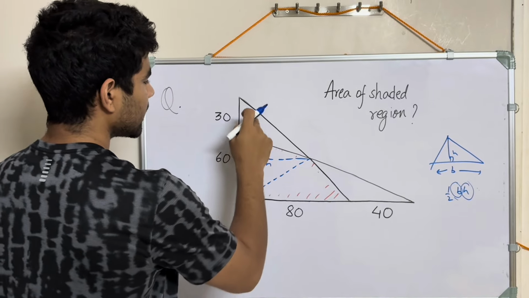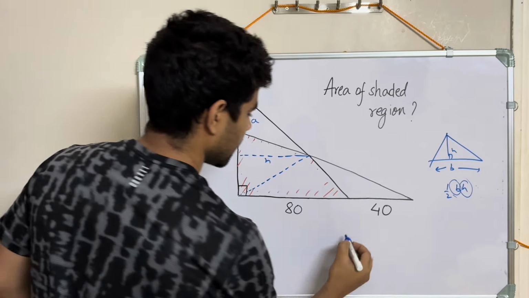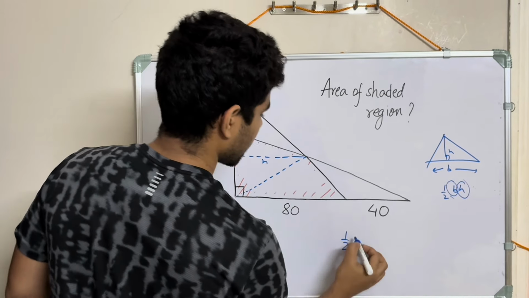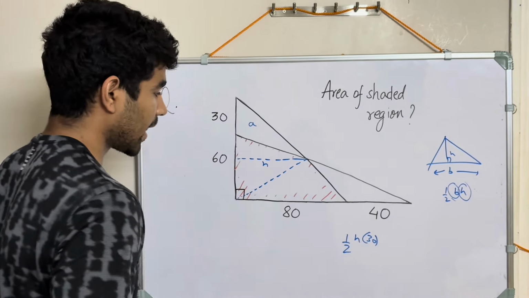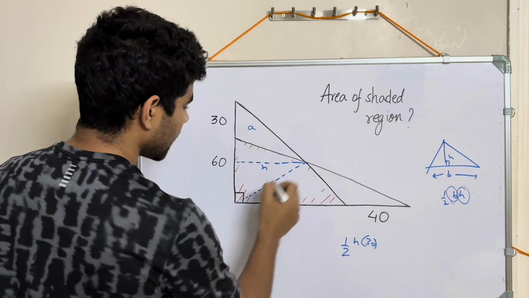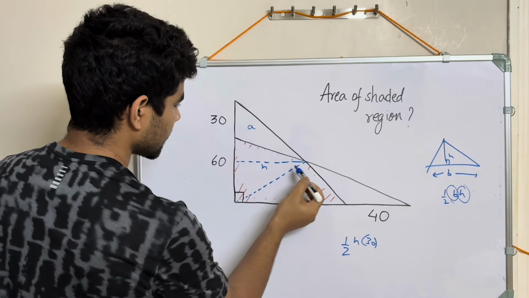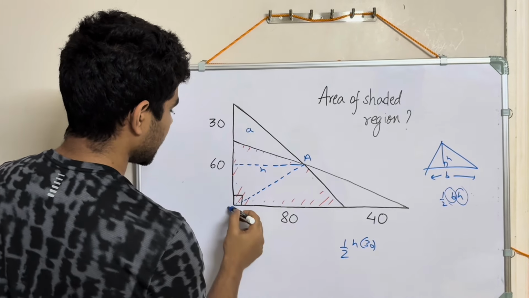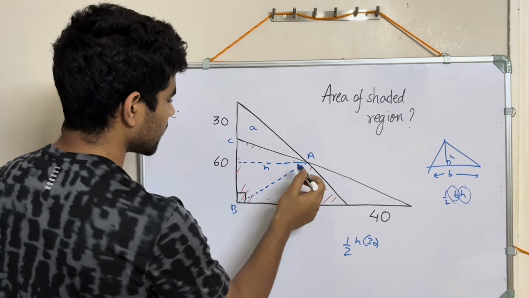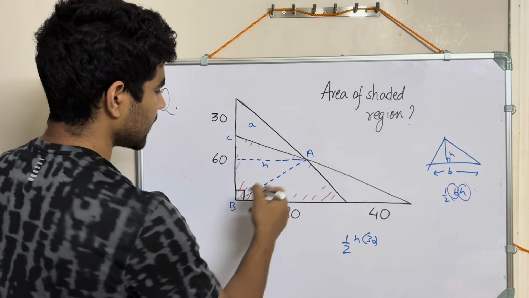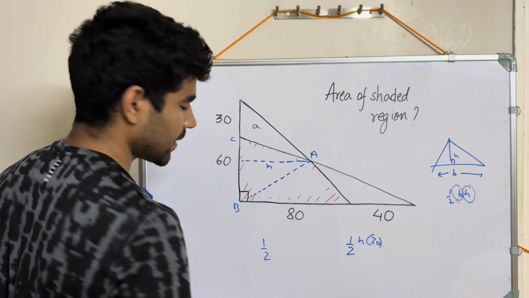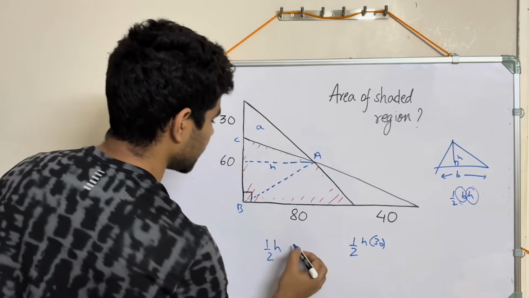Now, if we write the area of this triangle, the equation will be half h into 30, which is its base, and the area of this bigger triangle, suppose this point is A, B, C. So the area of this triangle ABC will be half, and h will be the same in this case also. The altitude length will be the same, half h into, and the base length will be 60.